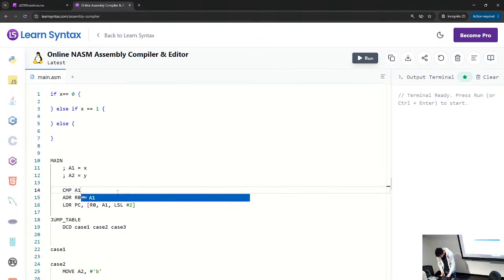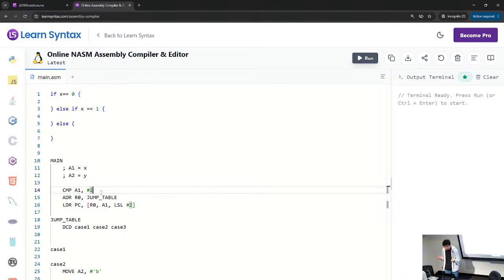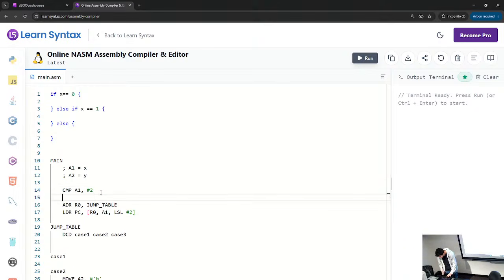We compare a1 with 2, the maximum that our jump table can take, because we have 3 separate cases: 0, 1, and 2. So if someone inputs a number bigger than that, we can jump straight to the end. We can do something like B HI, and go to our else statement.